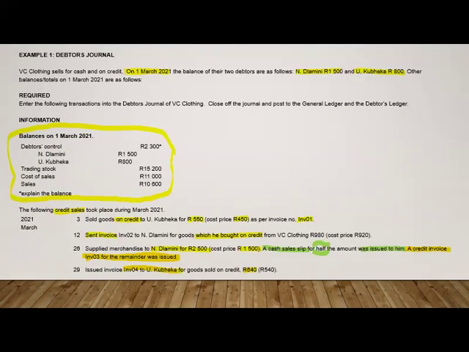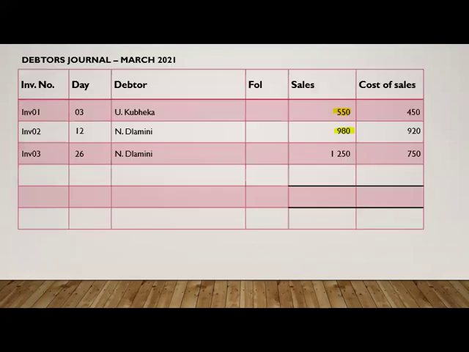Can I go to the one on the 29th now? Do we all agree that it goes to the debtors journal? And when we record it in the debtors journal, we'll start with invoice 04. Day will be the 29th. Under data, what do I write? Under selling price. Under cost price, 514. And you might as well total this up.